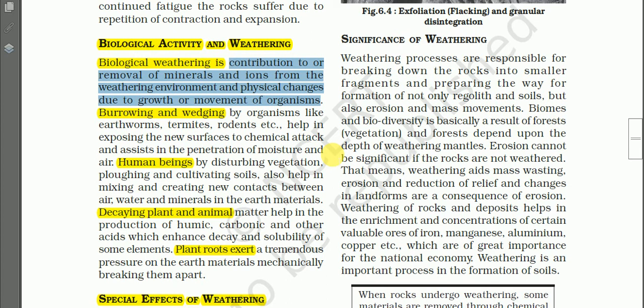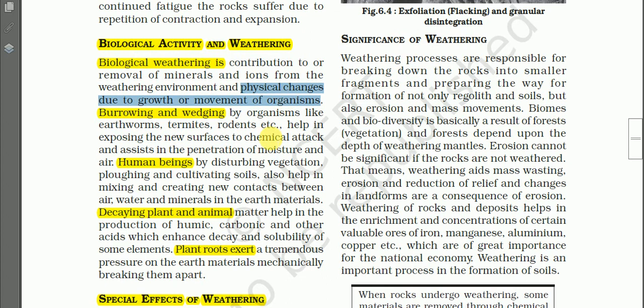That is, the breaking down of big rocks into smaller pieces due to the activities of organisms and animals.